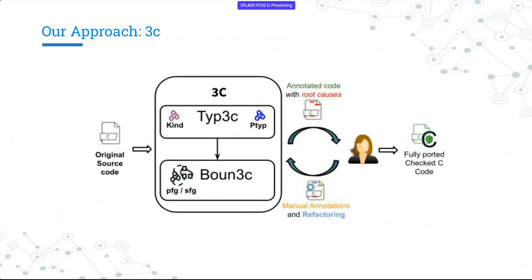The developer can fix those root causes and run our tool again, and so on, until the developer is satisfied with the conversion, and we get the fully ported Checked C code. Note that this has to be done only once for a single code base. It need not be done every time the code gets modified, right? So you have your code base, you convert it to Checked C code, and you can just maintain your Checked C code without doing this conversion every time.